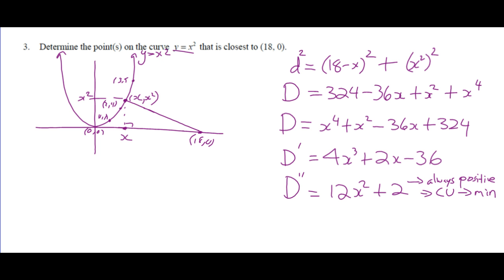So whatever we find, we just need the critical numbers for 4x cubed plus 2x minus 36. We know our x value has to be greater than 0, because it can't be lying on this side. It's got to be the closest distance, so it's got to be over here. We could say x is greater than or equal to 0, because if you're moving out here, you're just moving further away. Okay, so let's take our d prime.